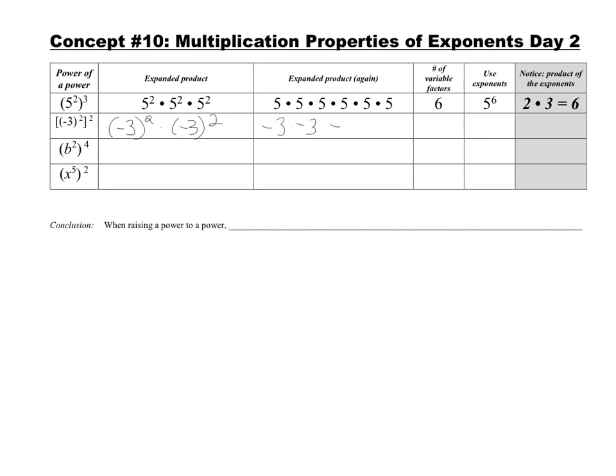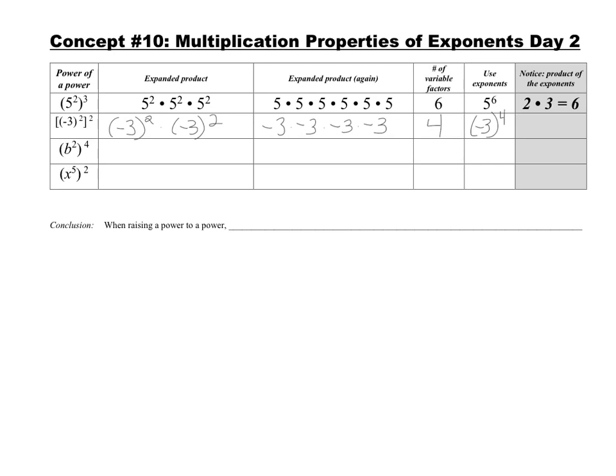So I'm doing -3 times -3 times -3 times -3, it should be 4 times. And then I would rewrite this as -3 to the 4th power. It is very important the -3 goes in parentheses because the negative is being taken to the 4th power.